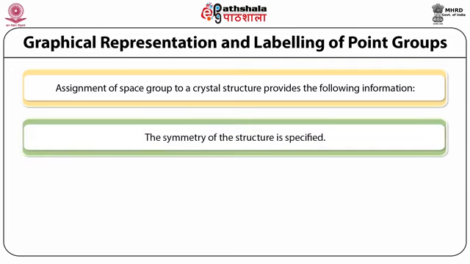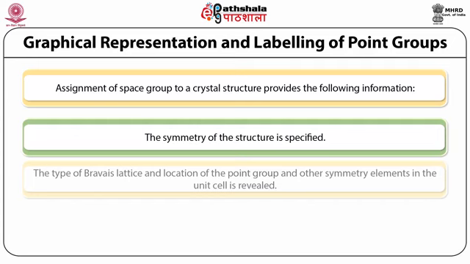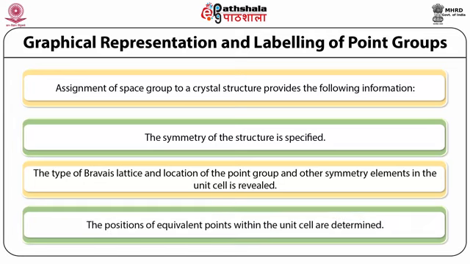Number 1, the symmetry of the structure is specified. Number 2, the type of Bravais lattice and the location of the point group and other symmetry elements in the unit cell is revealed. And thirdly, the positions of equivalent points within the unit cell are determined.